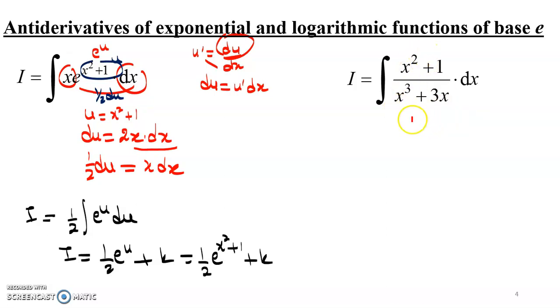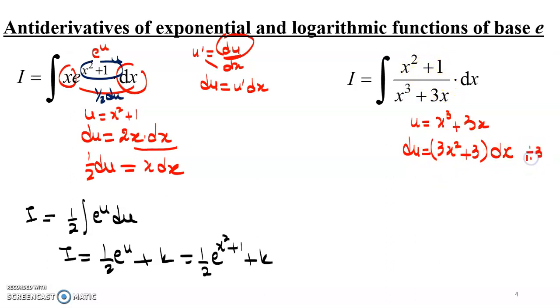So over here, by considering the denominator to be u, x cubed plus 3x, by considering du, now differentiating, we'd have 3x squared plus 3, all of that times dx. Now I'd notice that in my integral, the numerator is not 3x squared plus 3, it is in fact x squared plus 1.